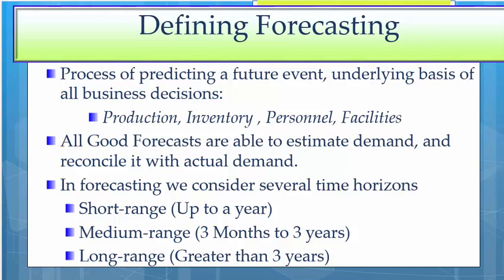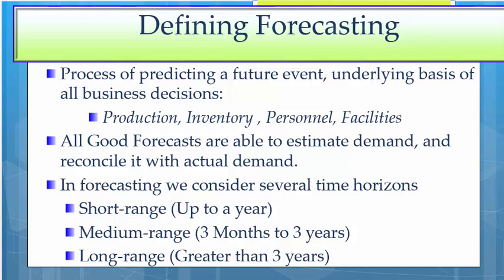So we use past information to predict what will happen in the future. Good forecasts are always able to both predict what's going to happen in the future, and they're also reconcilable. So we're also able to take a step back and say, wow, our forecast was dead on, or wow, our forecast was way off. Next time we need to do a way better job.